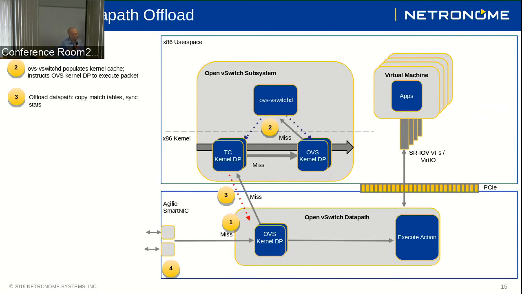Okay, so yeah, sorry, I already spoke of step 3. So now the packets can basically be forwarded through the system without having to go to software at all. And this is kind of the promise of offload, that the packets are forwarded without any cost to the CPU.